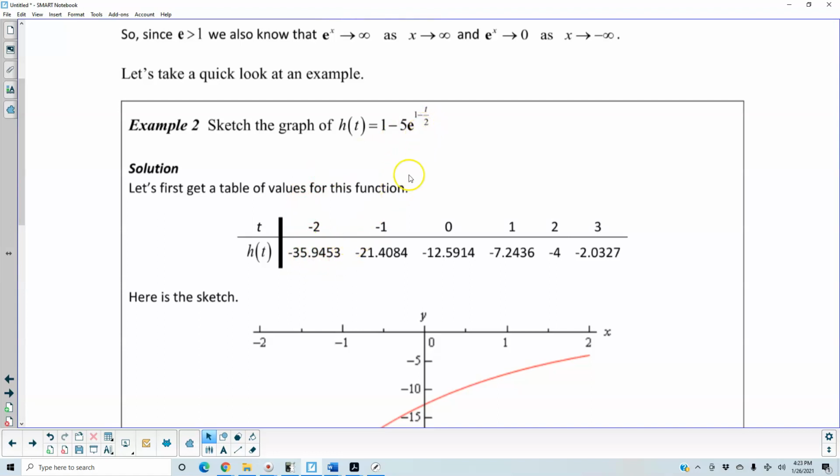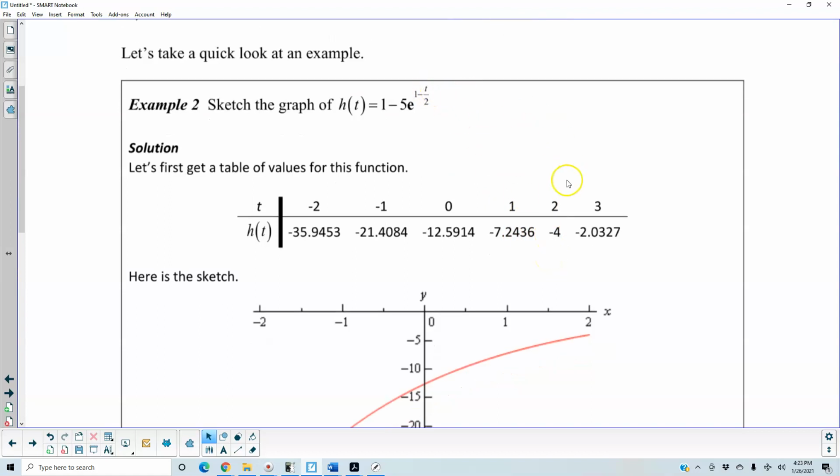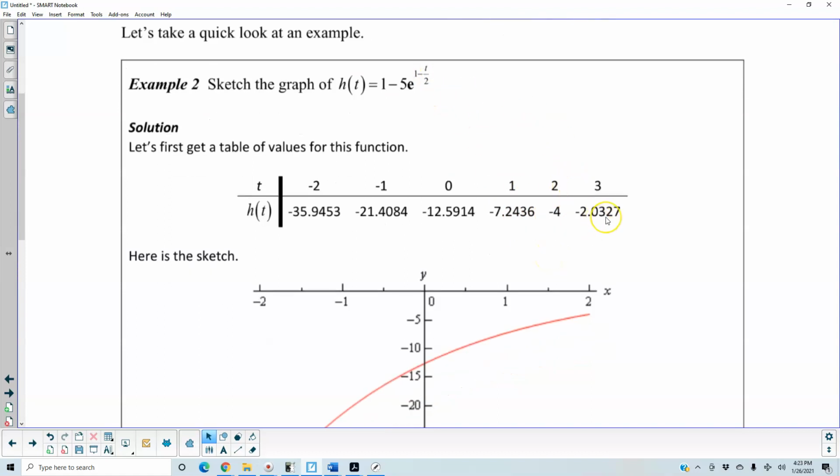The output when t is negative 1 is negative 21.4804. The output when it is 0 becomes negative 12.5914. The output when it is 1 is negative 7.2436. The output when it is 2 is negative 4. And the output when t is 3 is negative 2.0327.